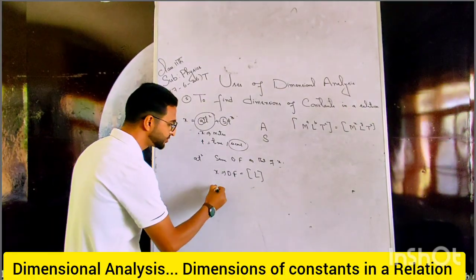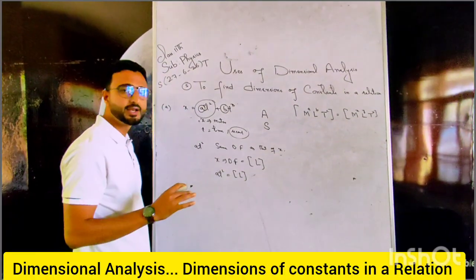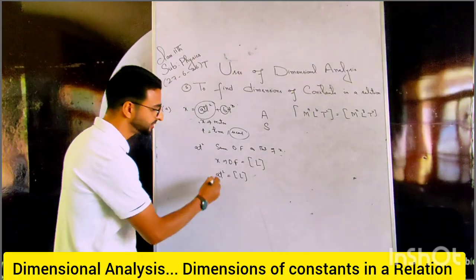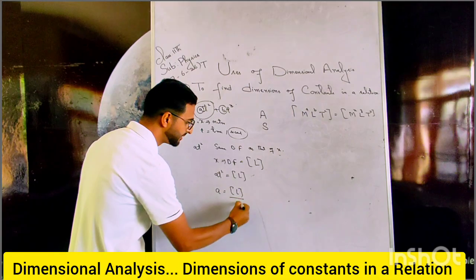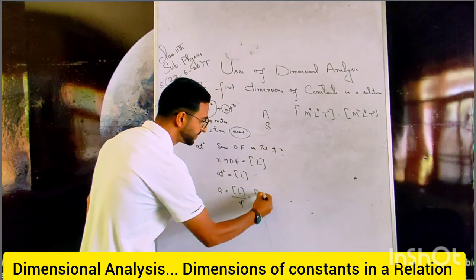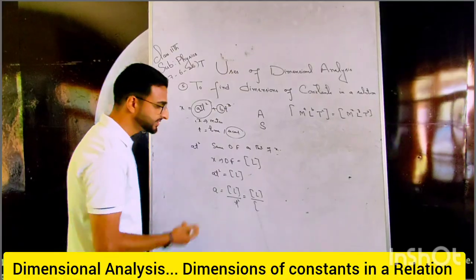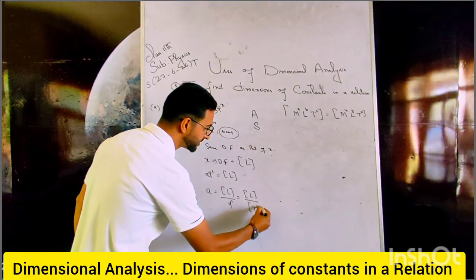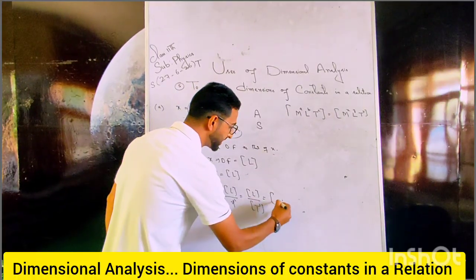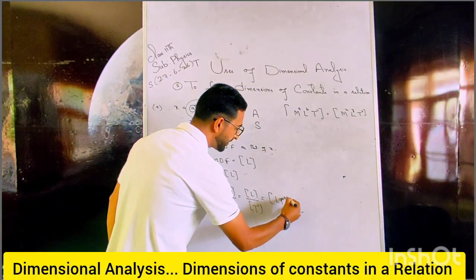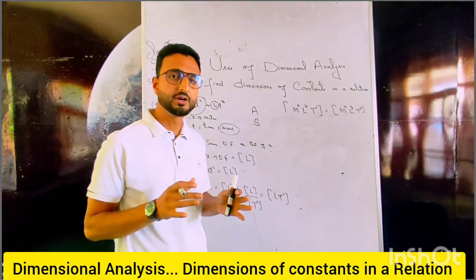So at square must have the dimensional formula of L, right? Now we are supposed to find out the dimensional formula of A, that is simply equal to L divided by T square. So this is simply represented by L, and how do we represent the time in terms of dimensions? Simply by T, so this is T power 2. You are getting it? So the dimensional formula of A will be simply L T power minus 2. This is how do we find the dimensional formula of a constant in a relation.